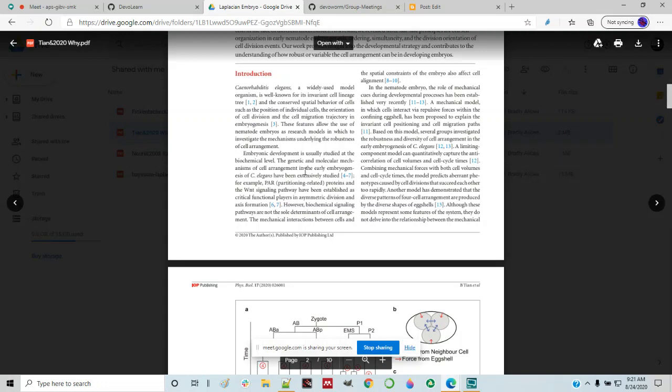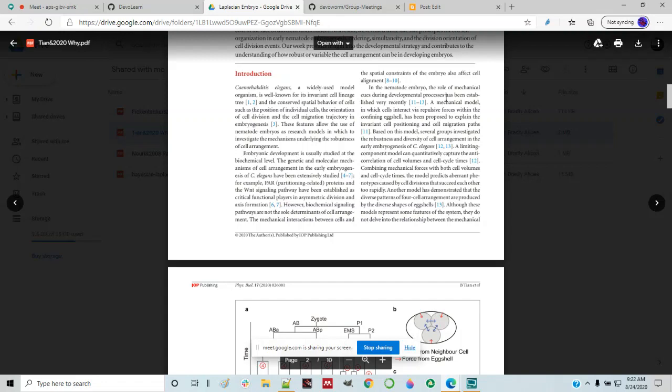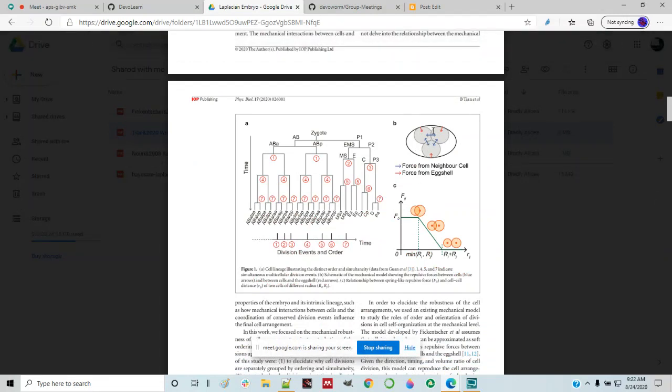And so this actually gives us, in modeling terms, a parameterization of this regularity. They review the mechanical forces. You see the egg here with the cells, and they have these mechanical forces that act between cells and between the eggshell and the cell.